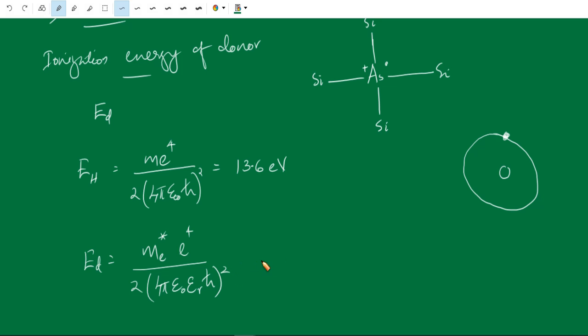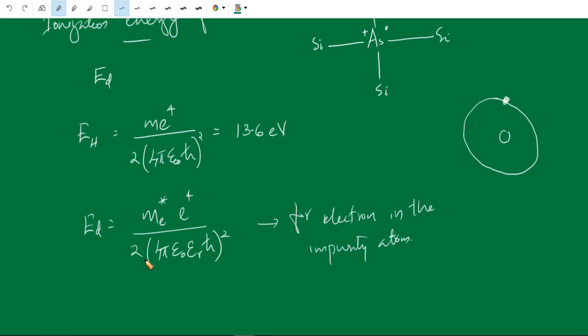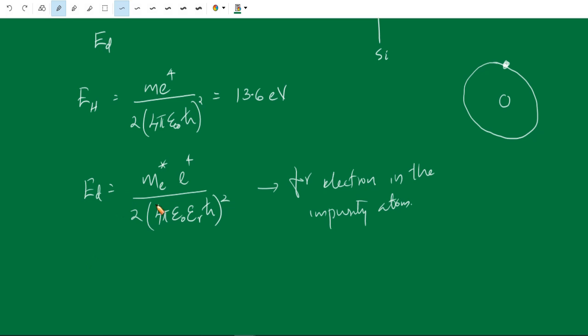So this is for the excess electron in the impurity atom, and we can calculate the ionization potential using this. Here me star is the effective mass of the electron and epsilon r is the dielectric constant of the semiconductor. Let us change this equation in terms of the hydrogen ionization potential.